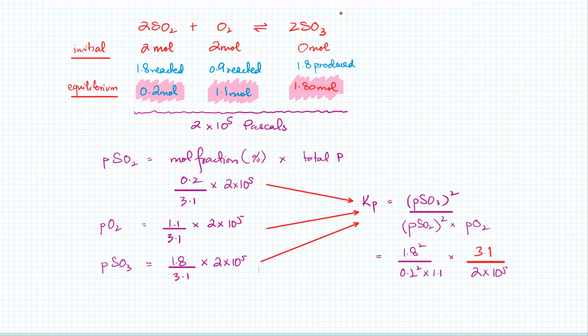So what answer did you get? So 1.14 times 10 power negative 3. How much? 1.14 times 10 power negative 3.